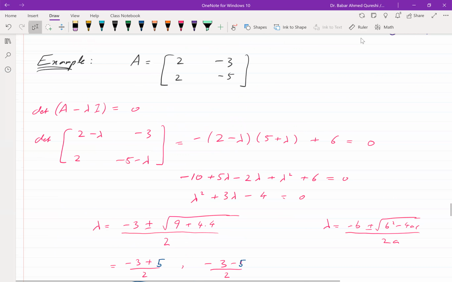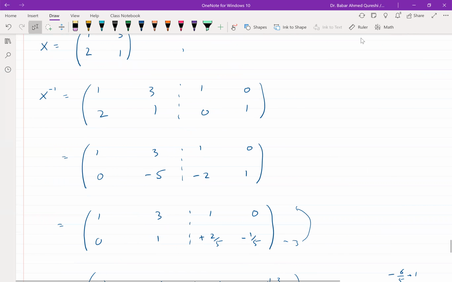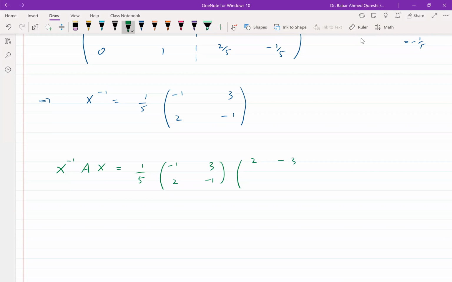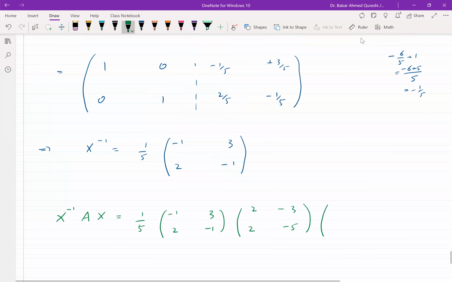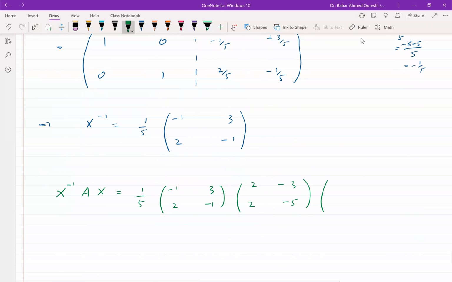A is 2, minus 3, 2, minus 5, and x was 1, 2, 3, 1.